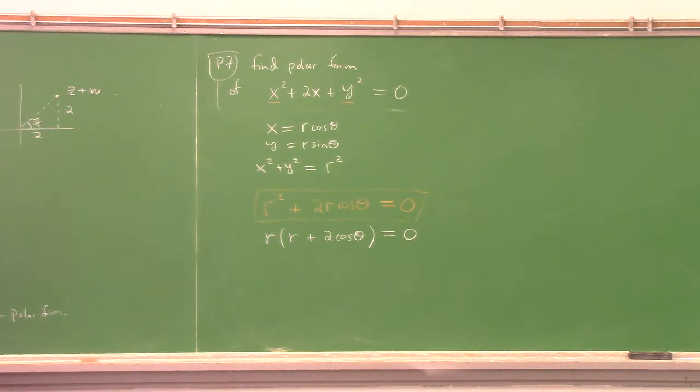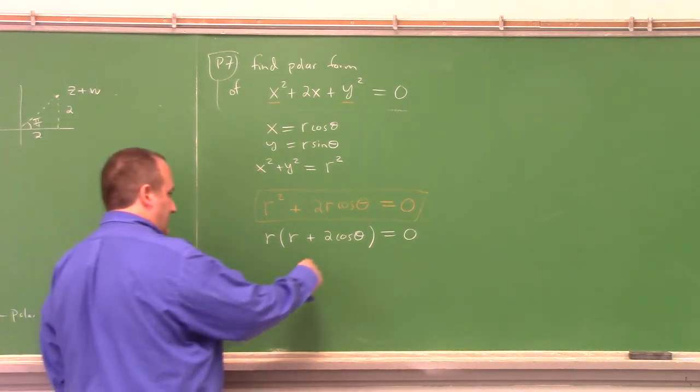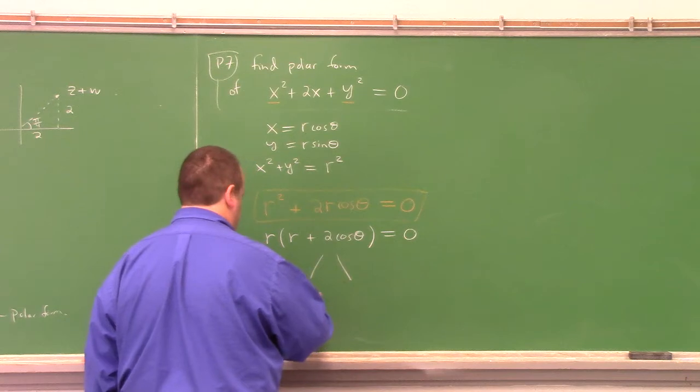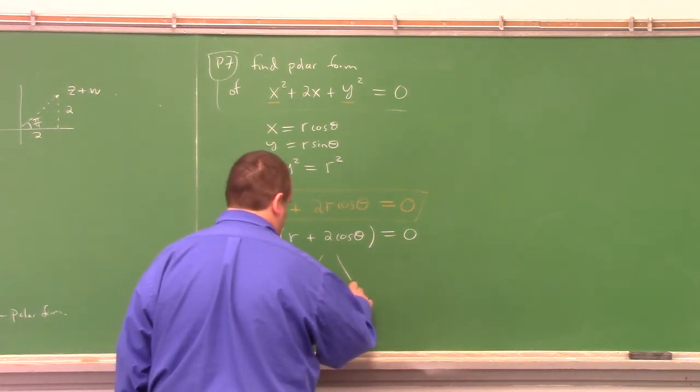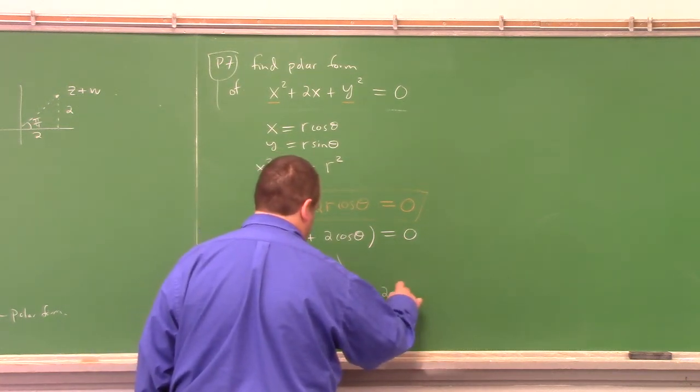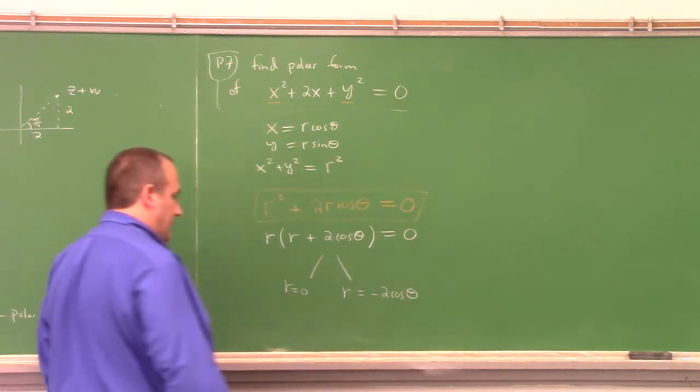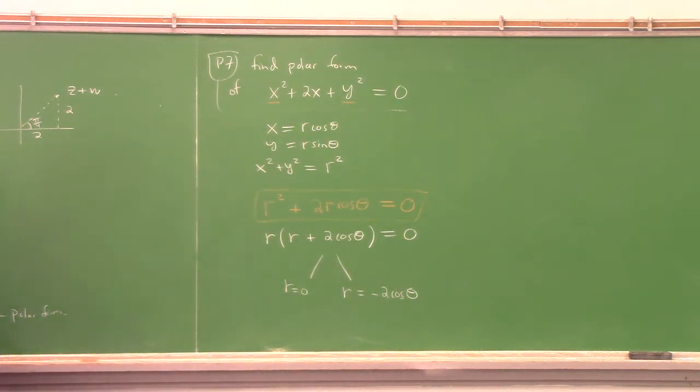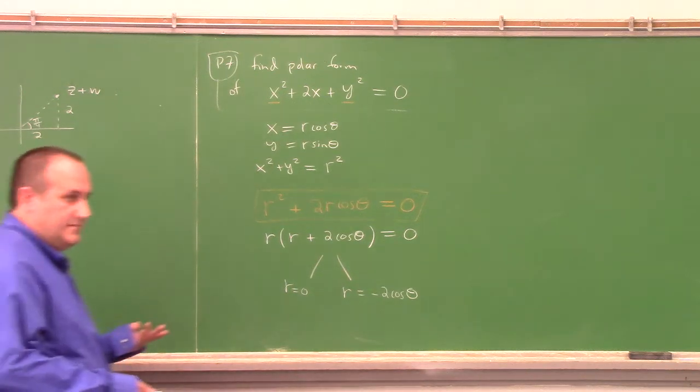Which either gives you what? r equals 0, or r is equal to minus 2 cosine theta. And r equals minus 2 cosine theta is something you could try graphing if you wanted.